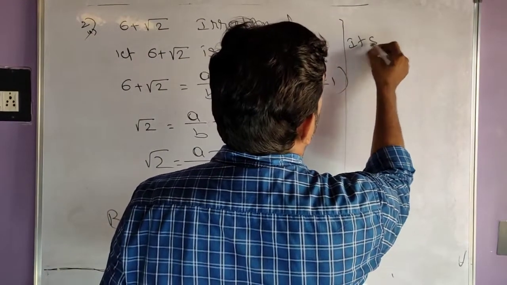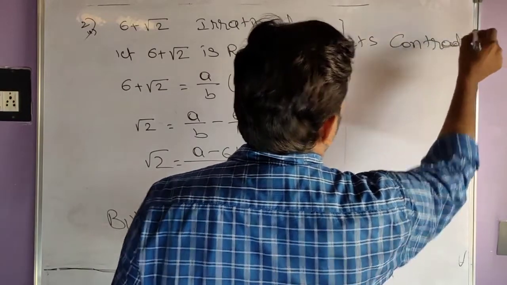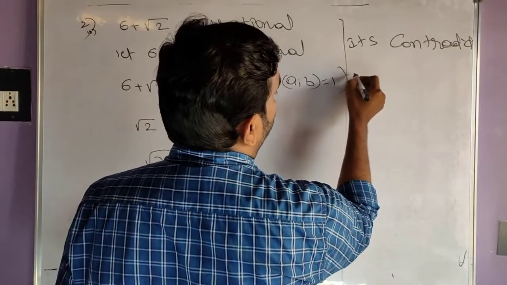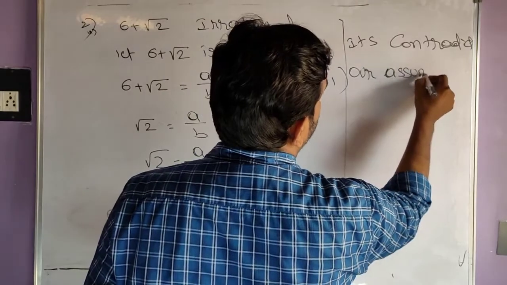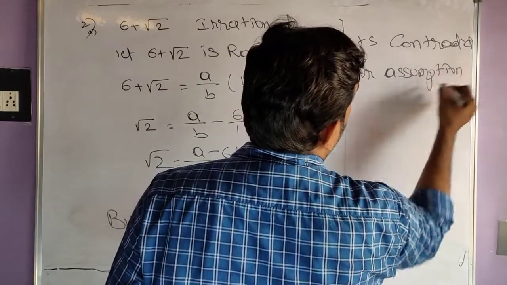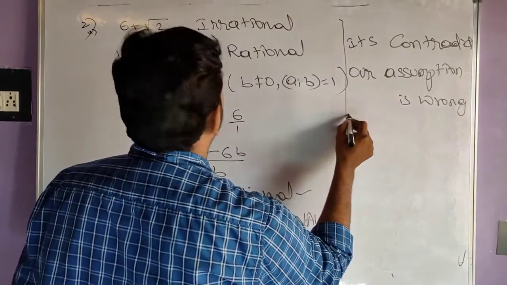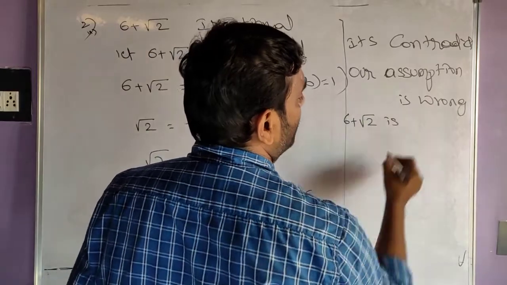It's a contradiction. That means our assumption is wrong. What is that? 6 plus root 2 is rational.